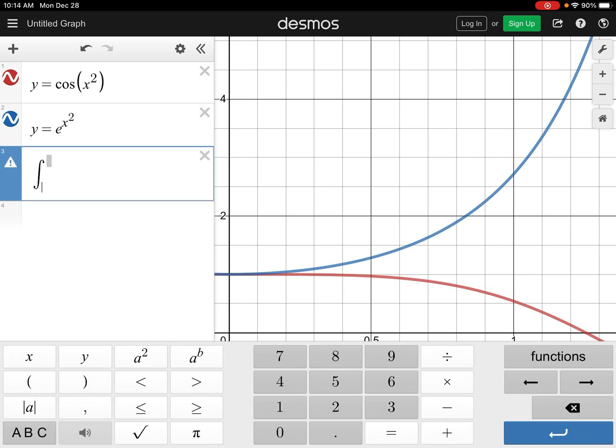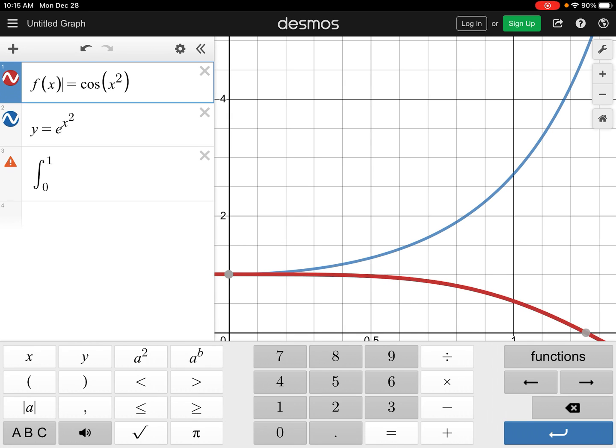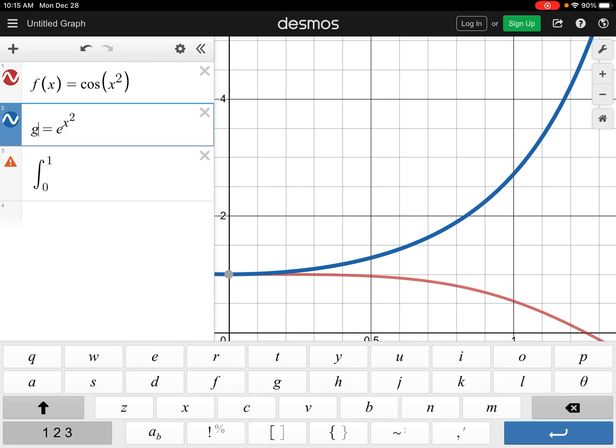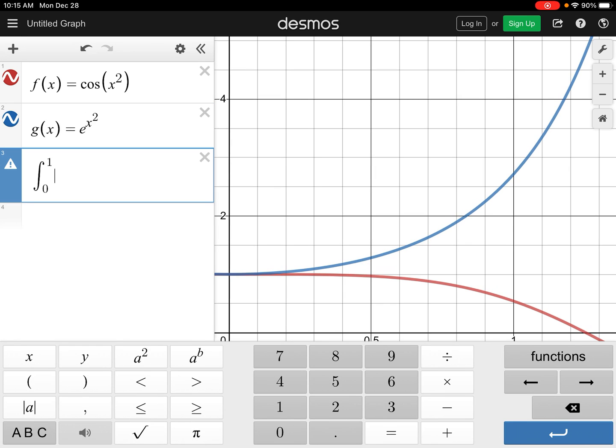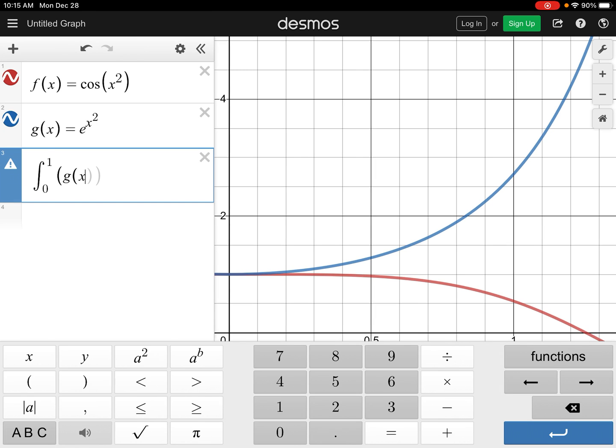So we're going to have the integral from 0 to 1. Now I'm going to change these functions to make it a little bit easier on us. So we'll do f of x and then g of x. All right, so note in my example here, it's going to be g minus f, the way I've named them.